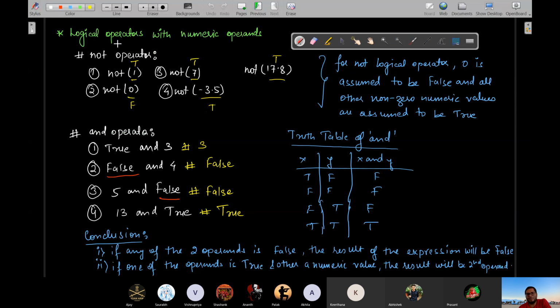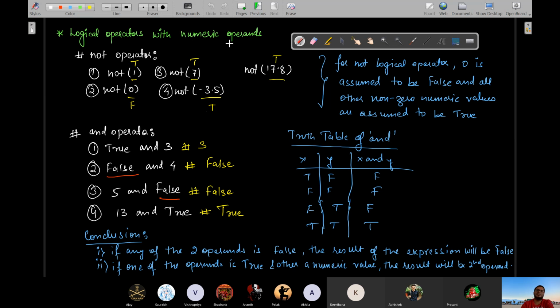In general, you will get logical operators with Boolean operands, but if there is a mix, how will you determine? For that, for not we have seen 0 is assumed false and all other non-zero values are assumed to be true. For AND operators, we have seen that if there are two operands and one of them is false, the result is bound to be false because of the truth table. If one of the operands is true and the other is a numeric value, the result will be the second operand. Okay, this is the case for the not and AND operators when logical operators involve numeric operands.